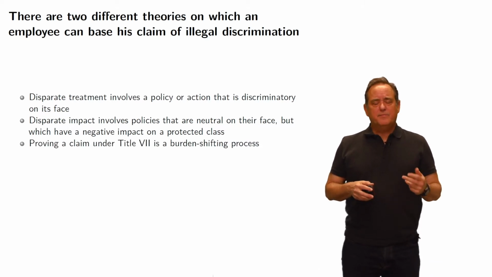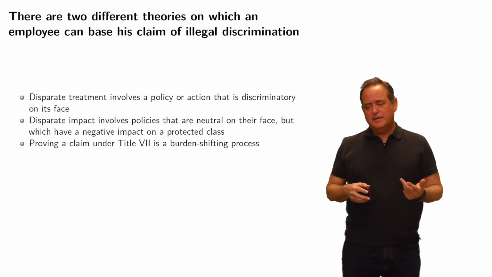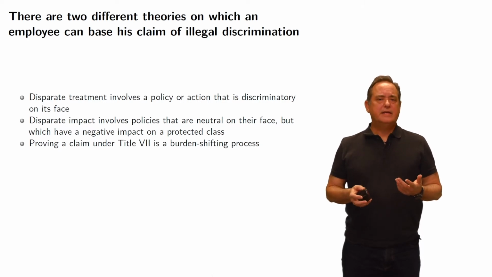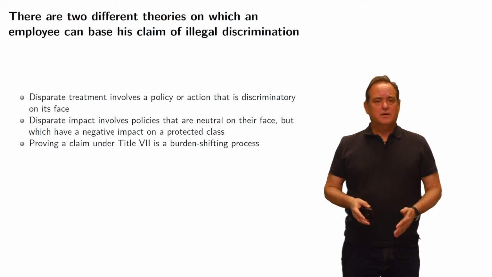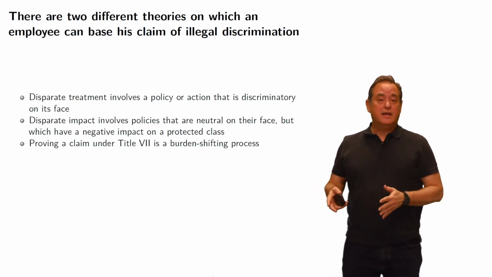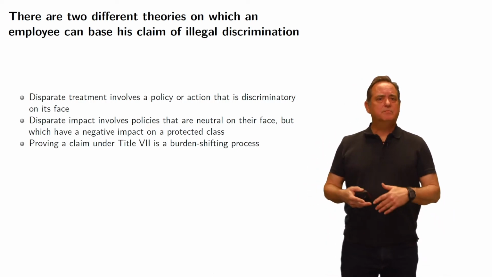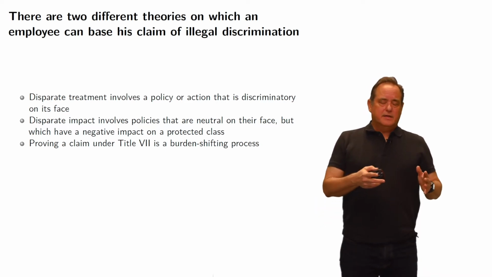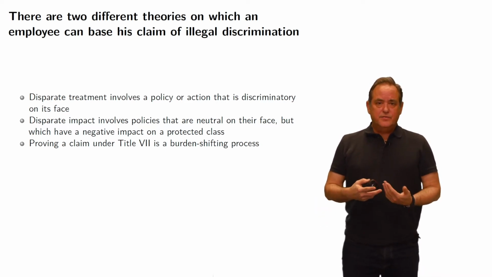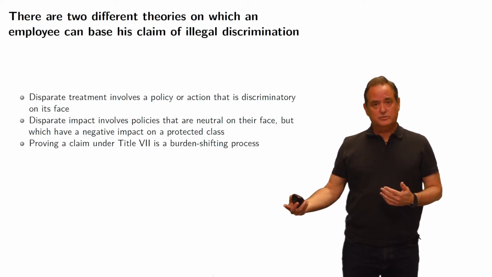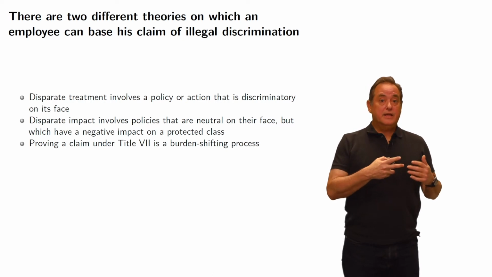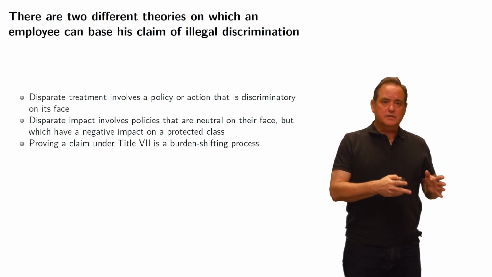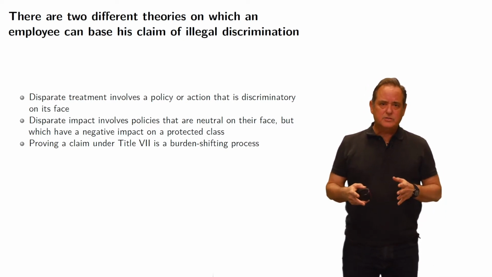Now, proving a claim under Title VII is unique. Ordinarily, proving any claim, you have a breach of contract claim, you have a negligence claim, you have a fraud claim, if you are a plaintiff, if you are the one making the complaint, the one who's bringing the lawsuit, then you are required to prove your case.